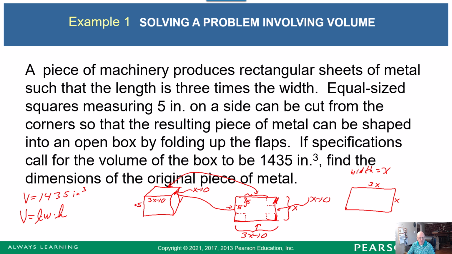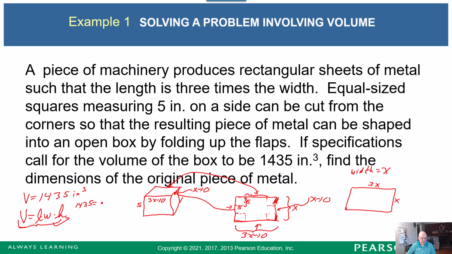And we've got the length. So where can I put this? I guess we'll squeeze it in here. The volume, that's 1435. So we're taking this equation and putting in what we know. 1435, that's the volume.